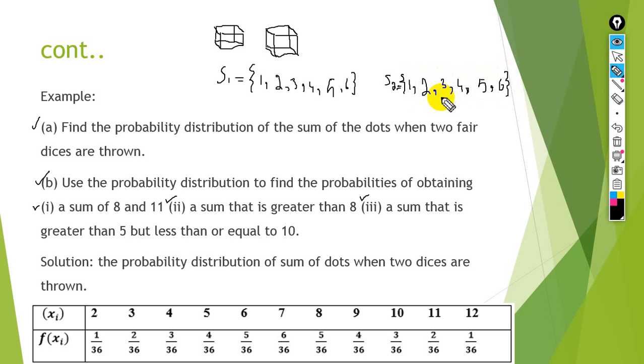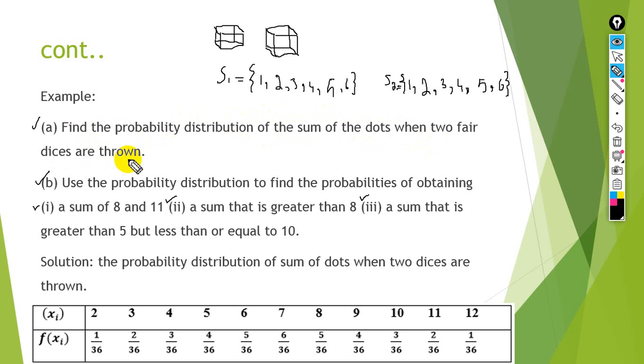So now what is the question? The question is to find the probability distribution, meaning make a table, of the probability of the sum of the dots when two fair dice are thrown.